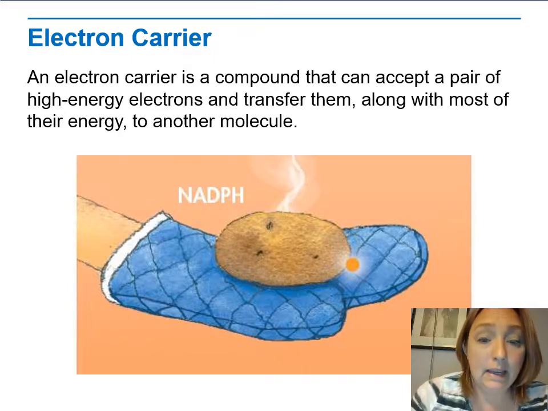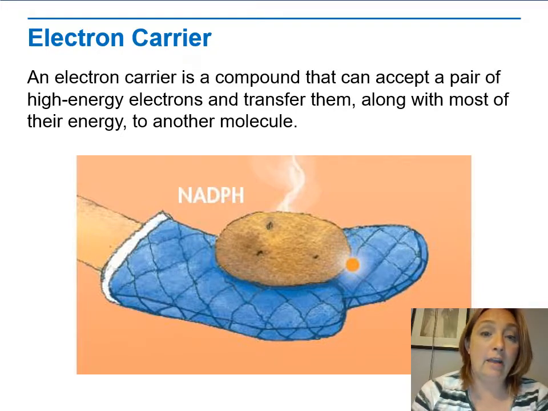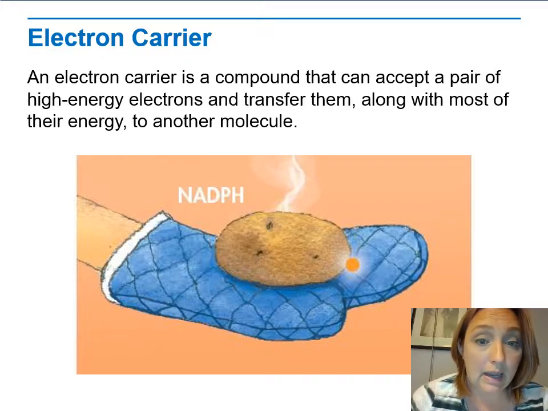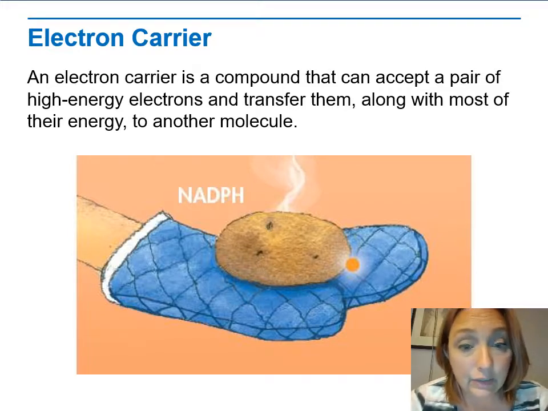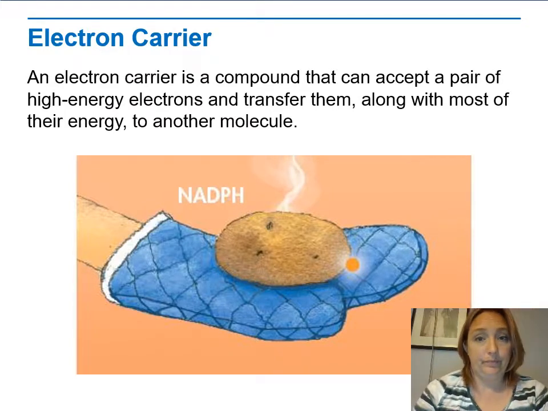When it is carrying those electrons plus the hydrogen, we call that carrier molecule NADPH, right? H for hydrogen. And we don't have a plus because those electrons were negatively charged. So when it's holding those electrons, the plus sign disappears. Okay?